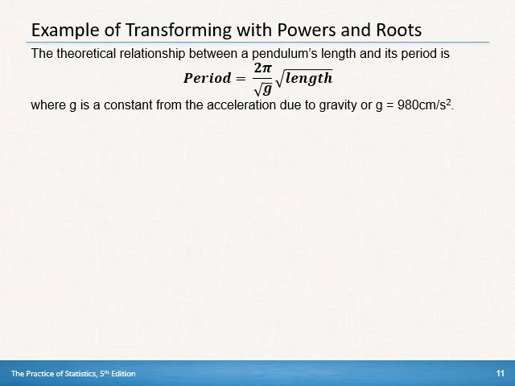The variable is the length, and it's the square root of the length. So the physics here tells us that, oh, okay, let's take the square root of the lengths and see if that will straighten out the data. And that's because we know what the physics of this relationship should be.